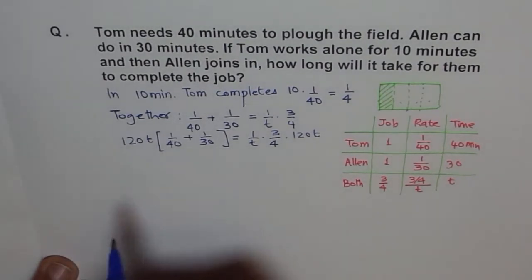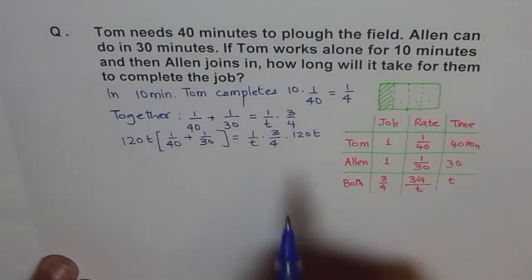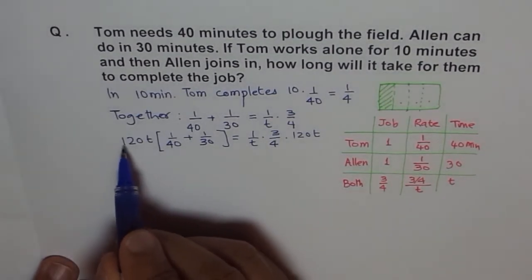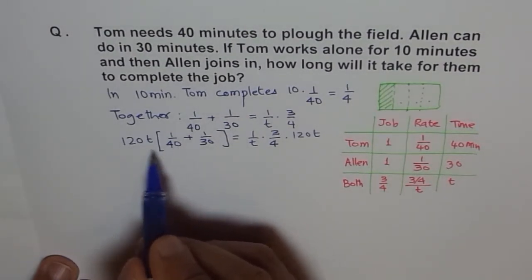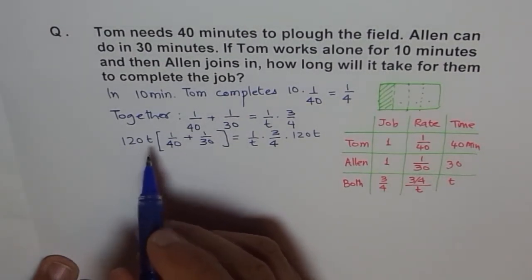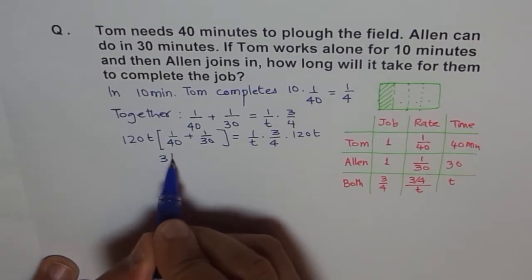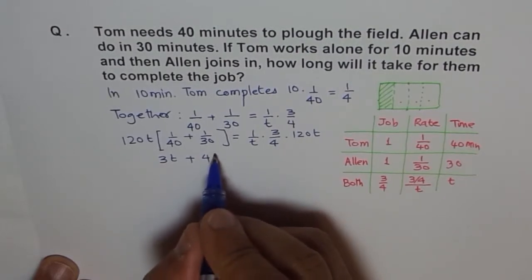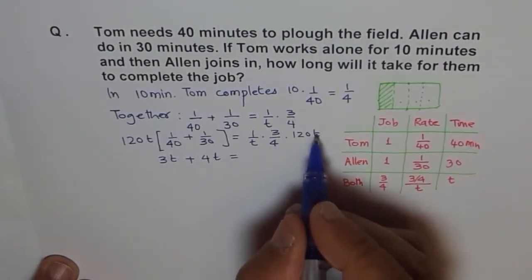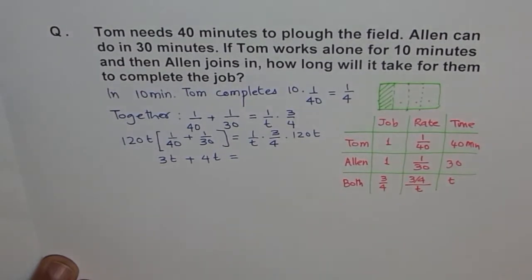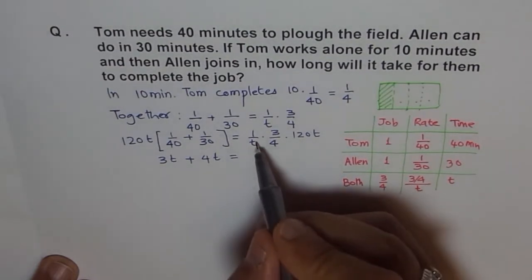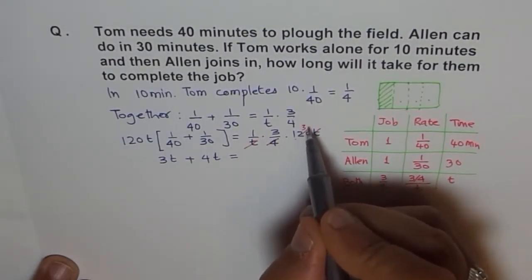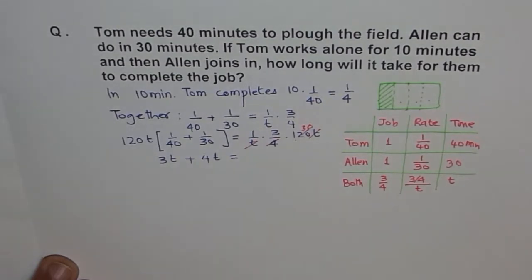Now if you open the bracket, these are good steps to write and to understand slowly, but it's kind of complicated, right? To multiply this, 120 divided by 40 is 3, so you're left with 3t here, plus 4t here, right? And on the right side, the t gets cancelled, and 4 goes into 120 thirty times, so 3 times 30 is 90, right?